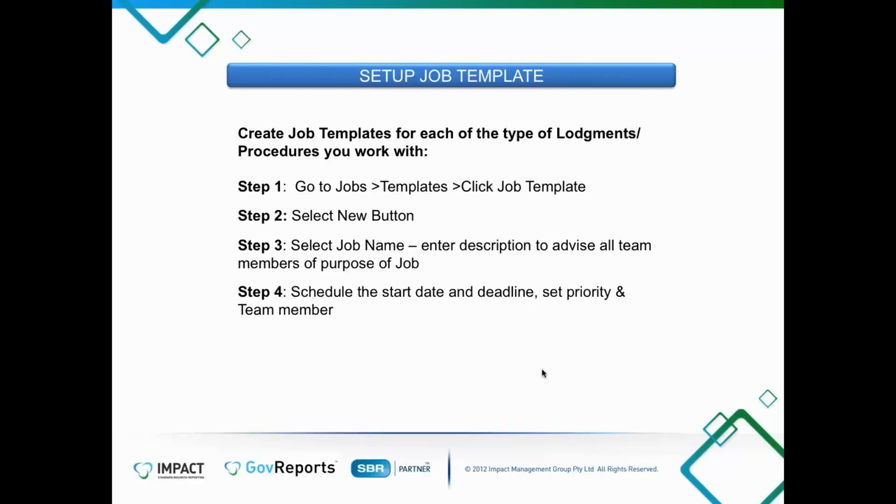I go to Jobs, then Templates, click on the job template, select the new button, and select the job name. I can put in the deadline dates and the priority: is it a high priority or a low priority? Obviously the priorities help, because if you go in there in the morning and you've got five jobs and one of them is high priority, that's probably the one you should do first, not the one you should avoid.